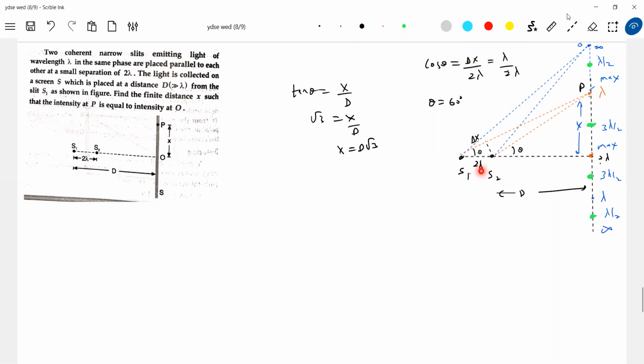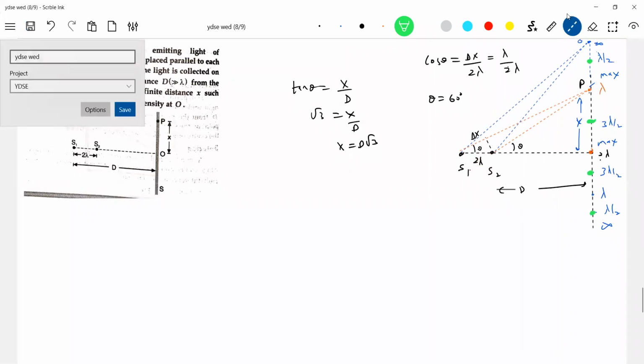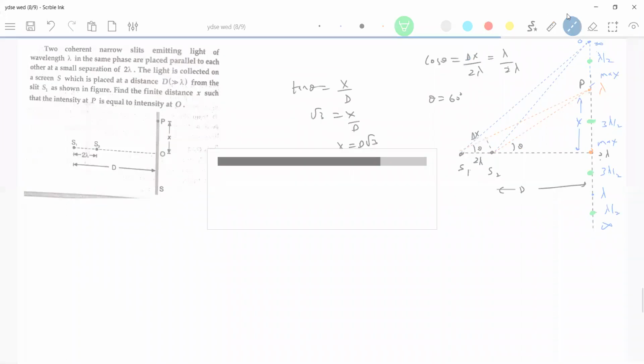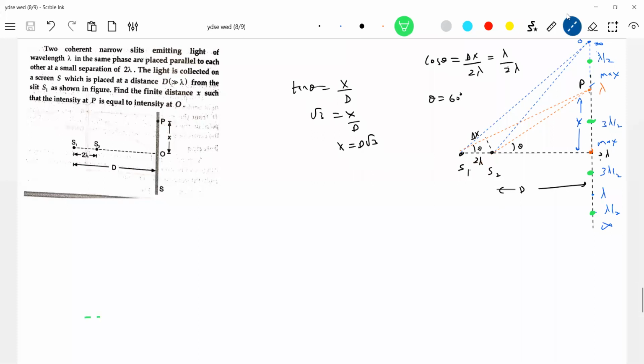Now instead of 2 lambda, if I write 5 lambda by 2, what changes will you make? Now we don't have any question based on this, so let me just share an idea. I need a bigger diagram.